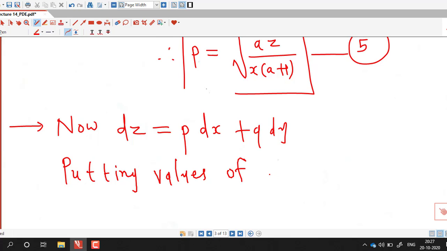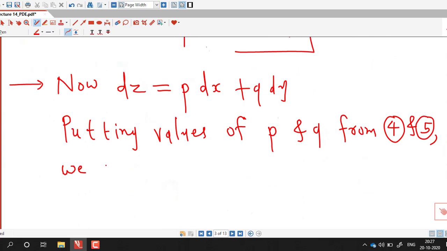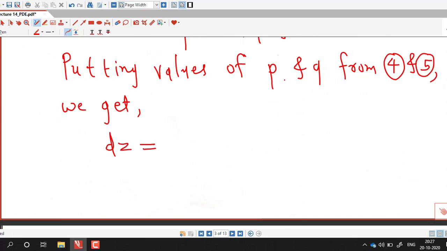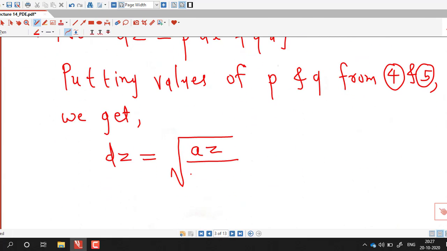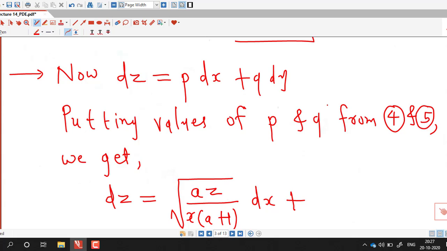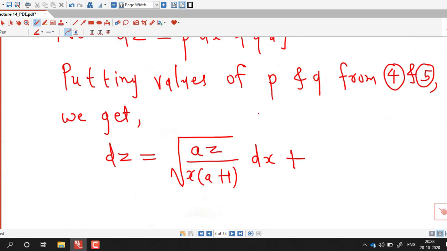Putting values of p and q from 4 and 5, we get dz equals p, which is under root a z upon x into (a plus 1), times dx, plus q, whose value is square root of z upon y into (a plus 1), dy.